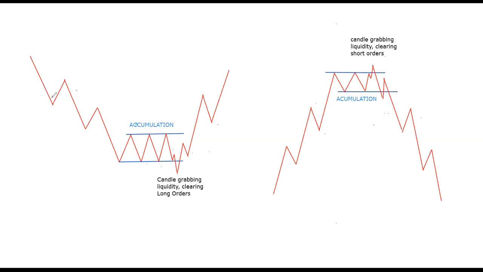If you look at the screen, you'll see the movement all the way down. It's a downtrend, and you can see what I call the accumulation right here. I'm going to go back to the charts after looking at this and show you practical examples of what I'm talking about. So what is meant by accumulation?